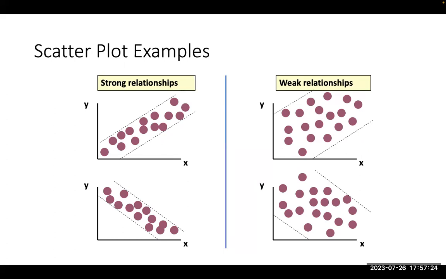That would be a perfect relationship. The strength of a relationship can be either weak or strong. The stronger it is, the narrower this band around the points will be, and the weaker the relationship is, the wider this band will be. Makes sense, right?